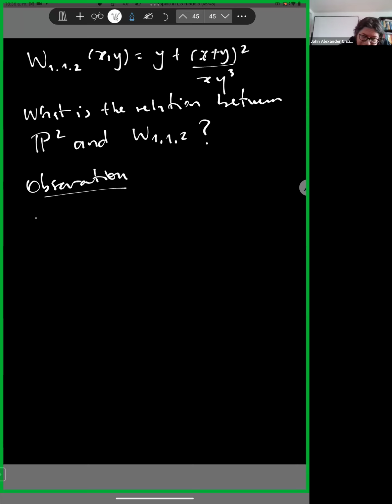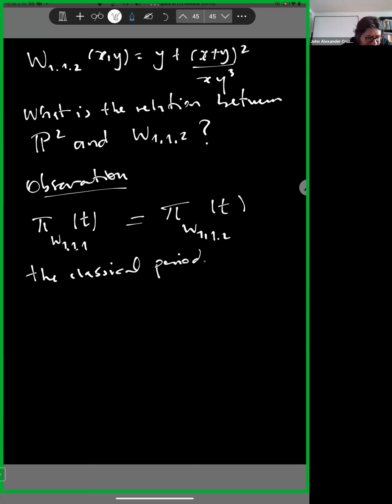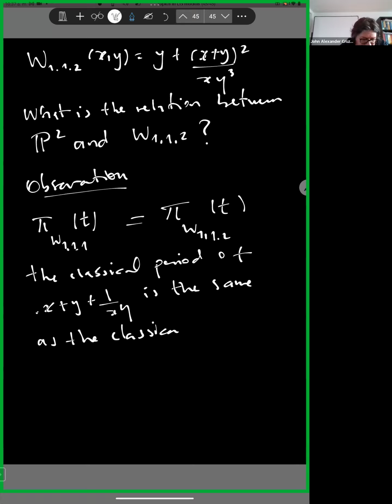It turns out that the classical period of the polynomial W_{1,1,1} is equal to the period of W_{1,1,2}. This means the classical period of x plus y plus 1 over xy is the same as the classical period of y plus x plus y squared over xy cubed. So they have the same period.